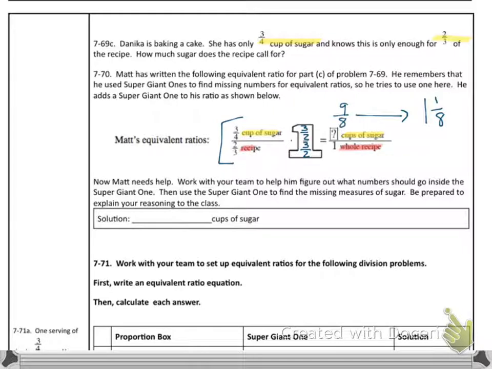Matt knows that if you were to make the whole recipe, you would need 1 1/8 cup of sugar. 1 1/8 is the solution.